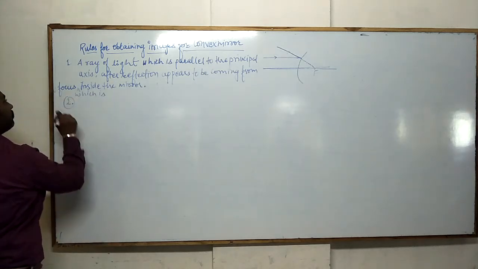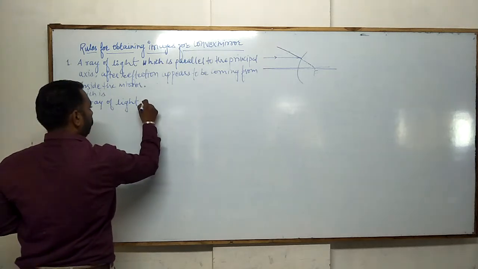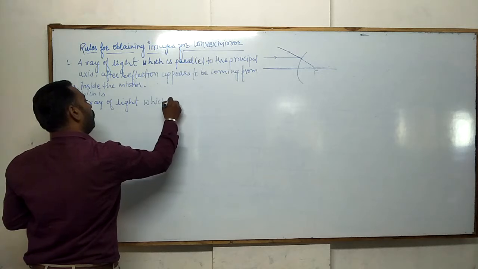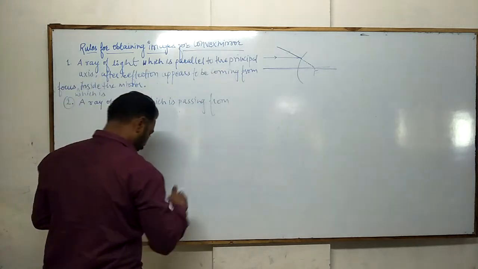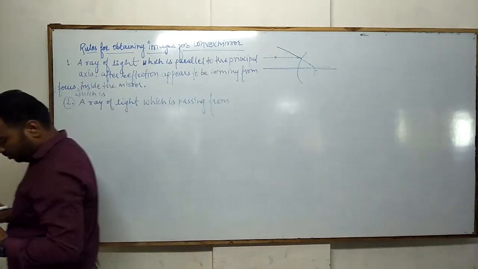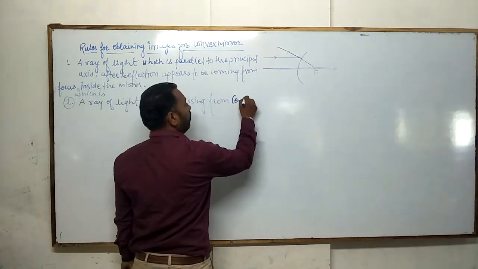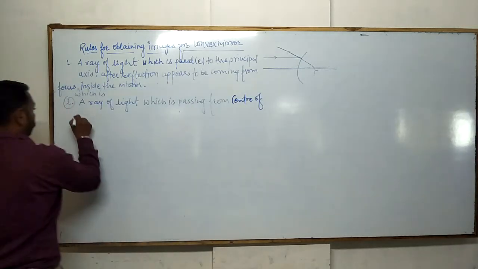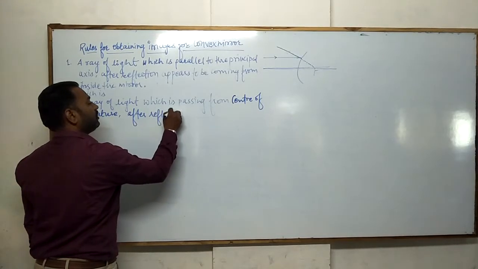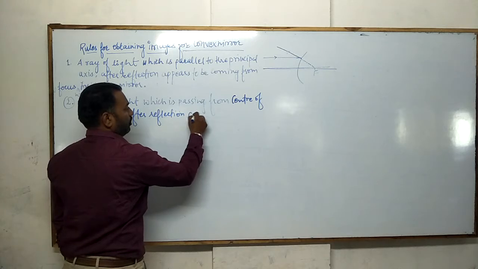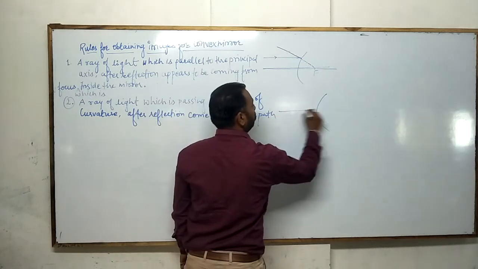Now the second one is a ray of light which is passing through the center of curvature; after reflection it goes along the same path. You have to know about that.